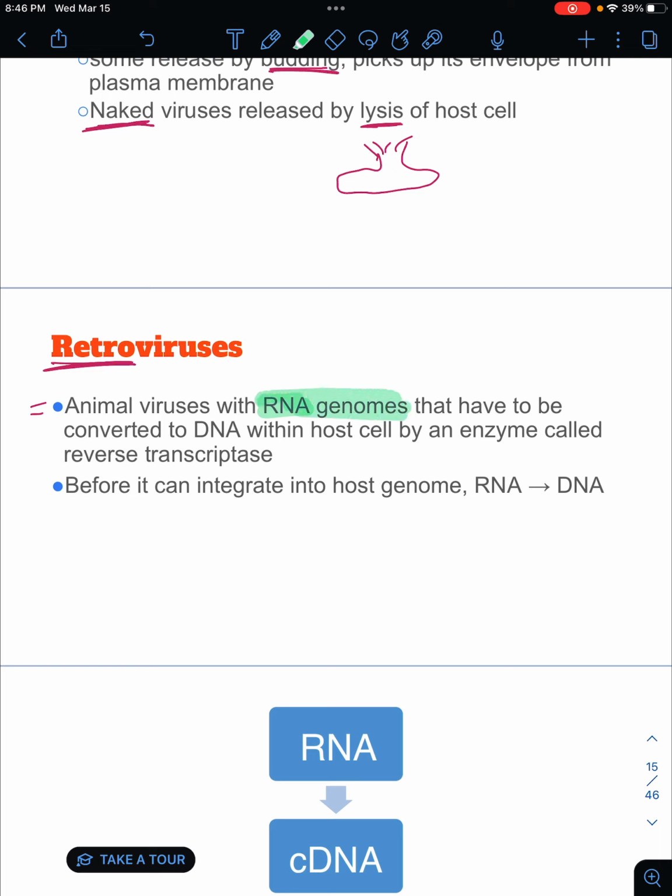We've only talked about DNA thus far. That have to be converted to DNA first by the host cell by an enzyme called reverse transcriptase. That's a big one. Know what this is.